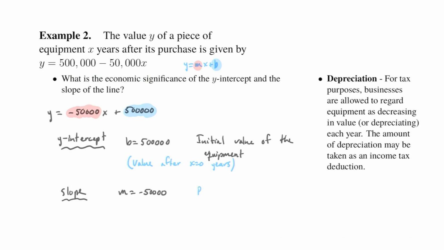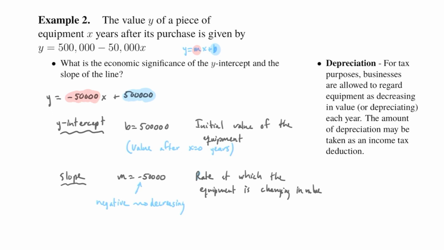And so this slope is telling us the rate at which the equipment is changing in value. And the fact that this is a negative slope tells us we're decreasing. That's going to be an idea we're going to come back to. So essentially what's going on is over time, this equipment is losing value.